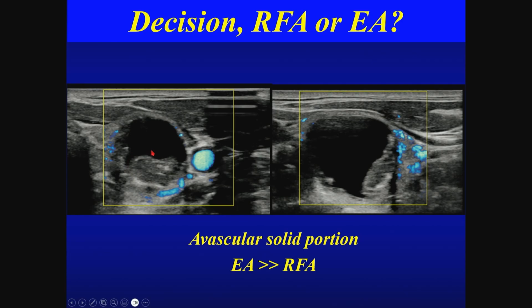That suggests this lesion can be successfully treated by ethanol only, rather than expensive RF ablation. So we performed ethanol ablation for this patient successfully.